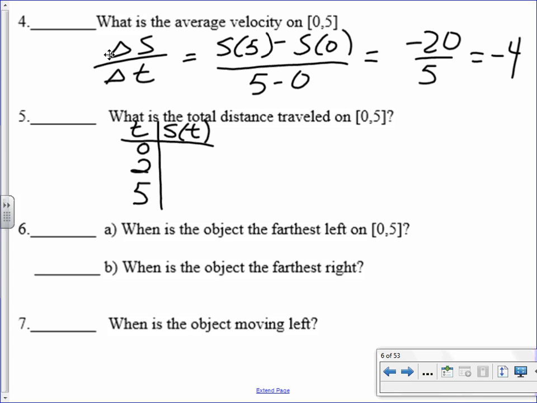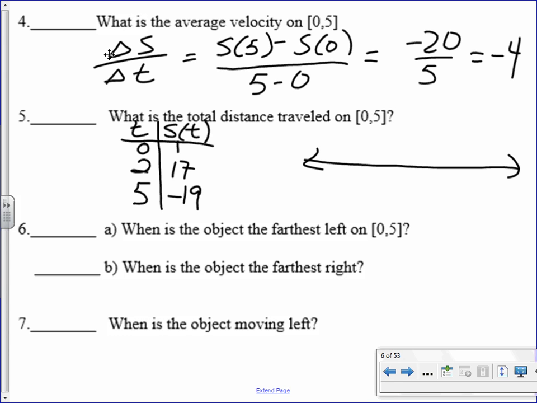Now, we're going to plug each of these into the position formula. S of 0 is 1. If you plug 2 into the position function, you get 17, I believe. And when we plug 5 in, that was negative 19. We had done that earlier. So you have this object on a number line.